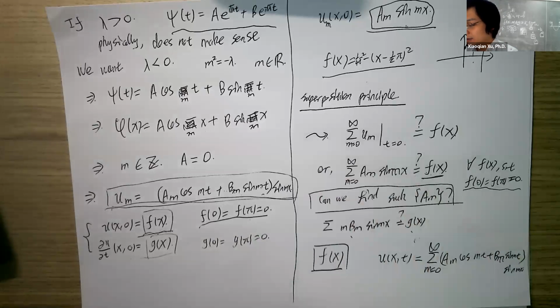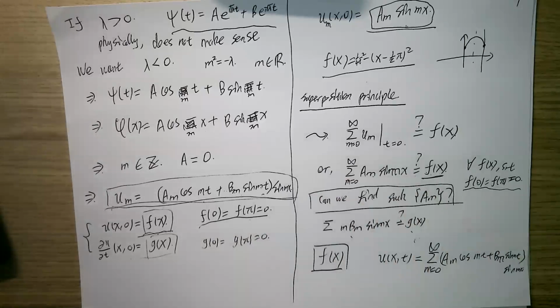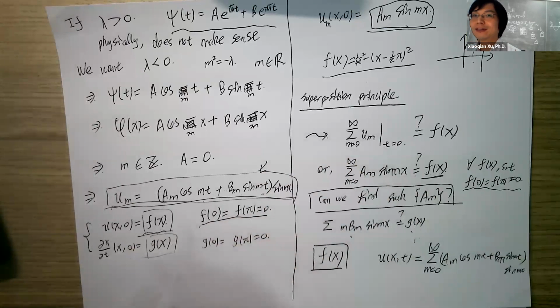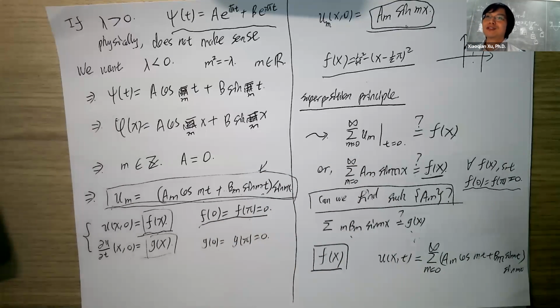So the superposition principle just says that you can do any linear combination of solutions and you still get a solution, right? This is the superposition principle, of linear equations. And here, what we do is we find a family of solutions. This family of solutions are all solutions, right? But here, what we want to do is use this family of solutions to get a new solution such that it satisfies both our differential equation and the initial condition, right?